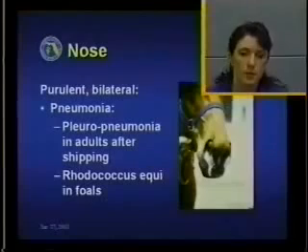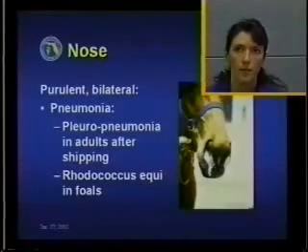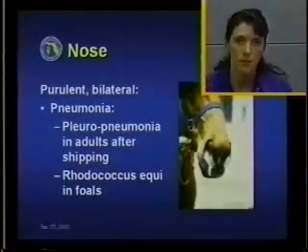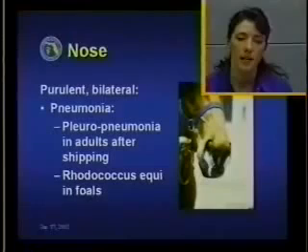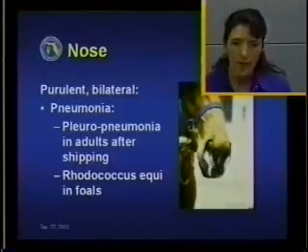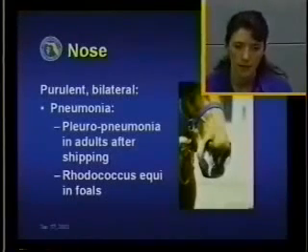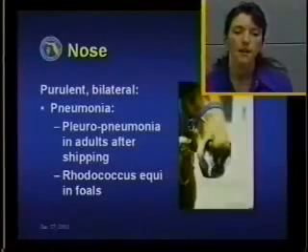A purulent bilateral discharge is most commonly associated with pneumonia. In adult horses, we see a type of pneumonia that is caused by a mixed population of bacteria, and this is a fairly common event after long-distance shipping, where horses are exposed to a combination of factors. First of all, they have their head tied up, so they can't really get rid of a lot of the allergens or particles that they inhale, like they would if they could blow their head down, blow their nose in a sense.